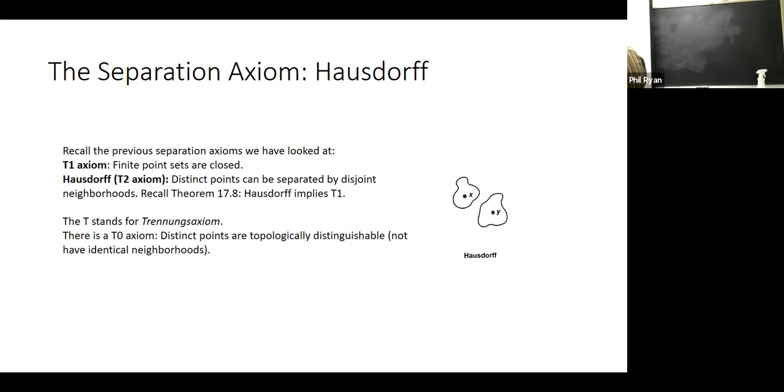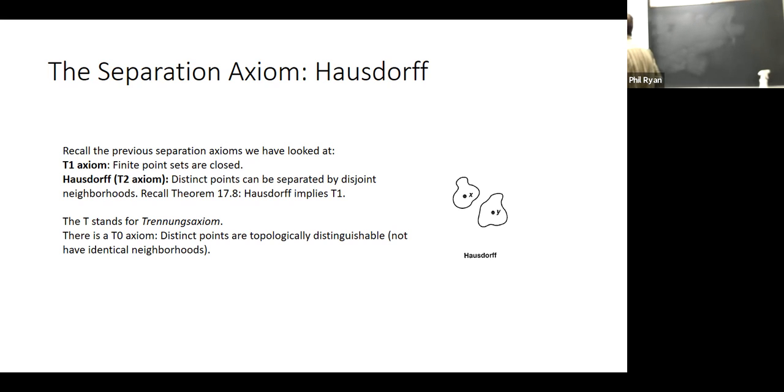Here I'm talking about being able to distinguish elements within our space. We already looked at two previous separation axioms. There was a T1 axiom, which states that finite point sets are closed, or even simpler, single points are closed.